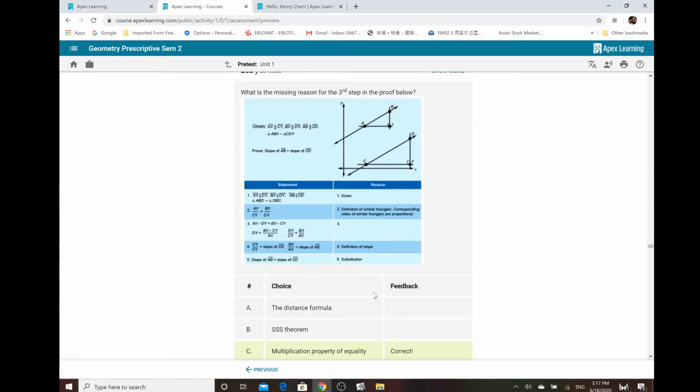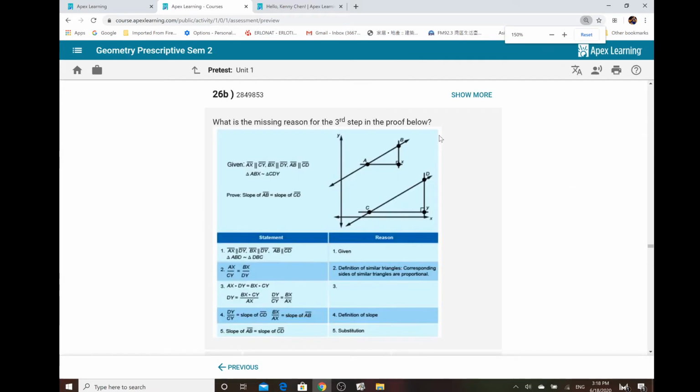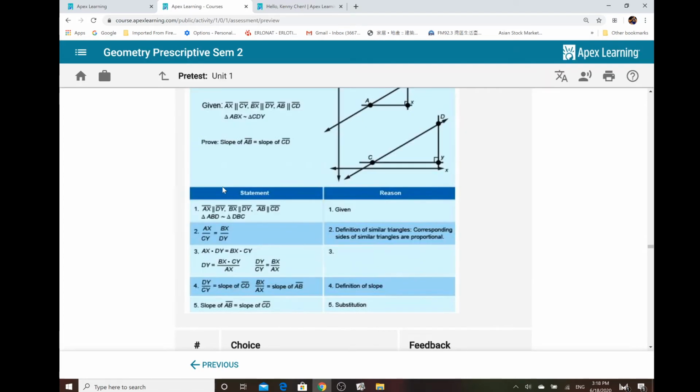And this one, you want to find out the missing reason for statement number 3. So this one showing that AX, okay, let me just enlarge a little bit. Oh, here we go. So AX times DY equals BX times CY.